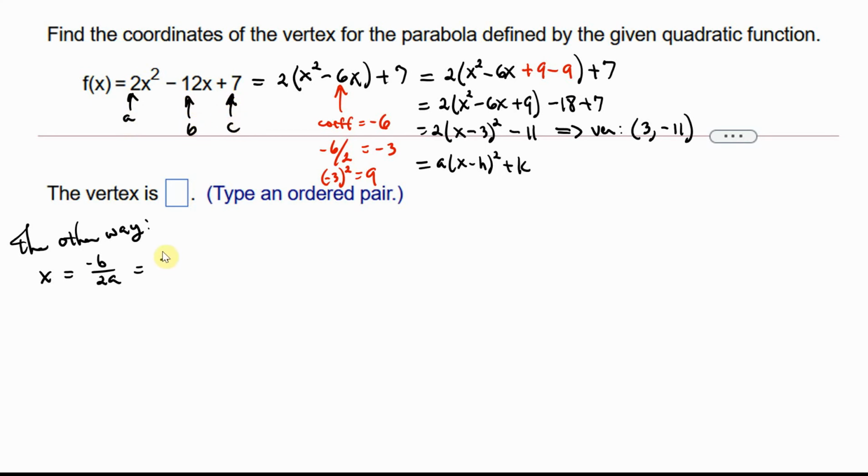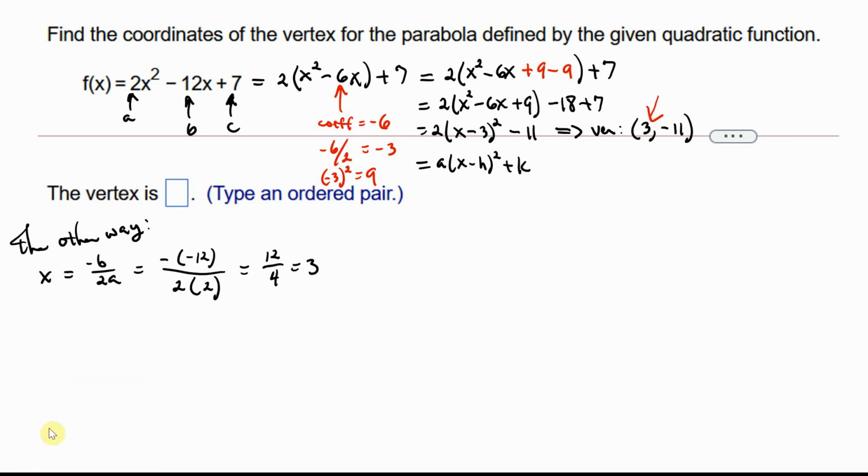So we have the negative of b, which is -12, all over 2 times a, which is 2. So I get 12 divided by 4. I get 3. That's the 3 here.